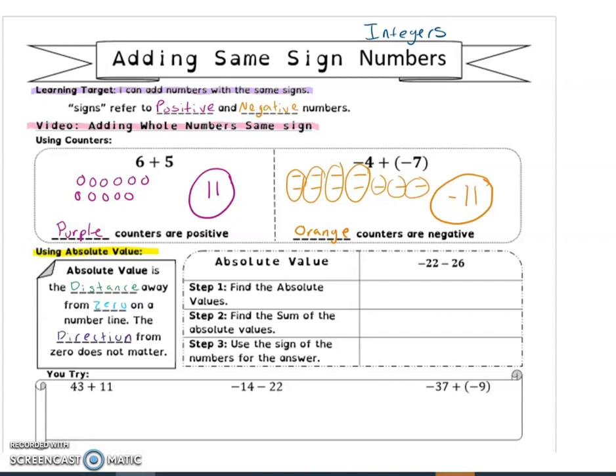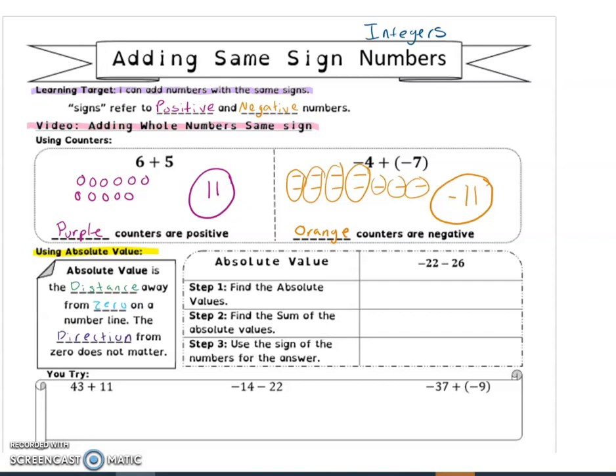So they are both the same distance away from 0, the same amount of measurement, okay? So absolute value cannot be negative.